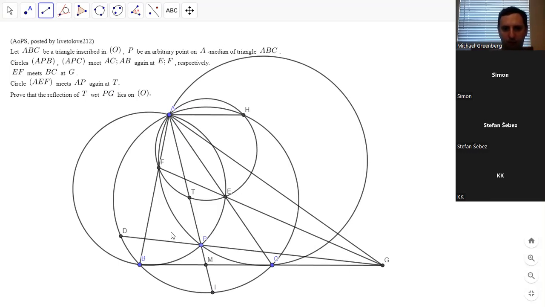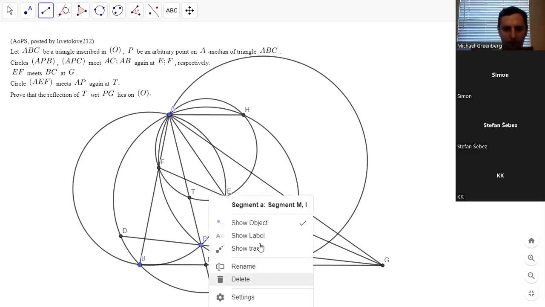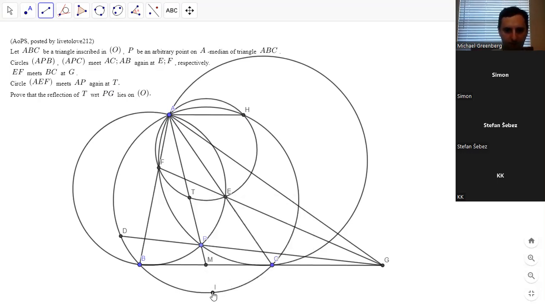We want to show that's angle C. Yeah, so I'm going to get rid of this point I. Interesting.